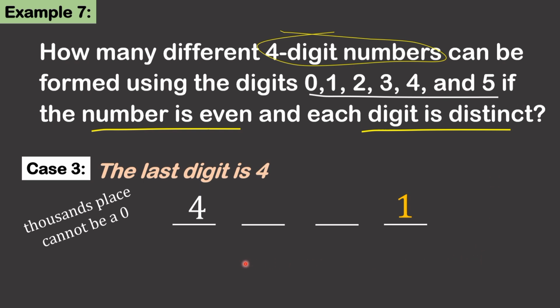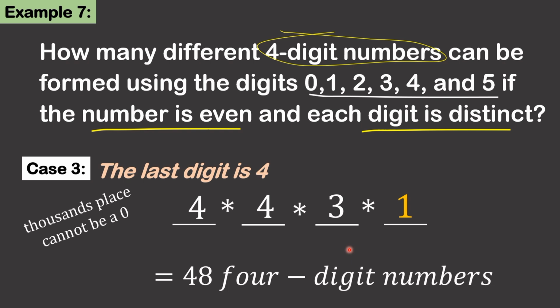After selecting the first digit, there are 4 remaining choices for the second digit, including 0. Then 3 choices for the third digit. Then we have 48 4-digit numbers with the last digit 4.